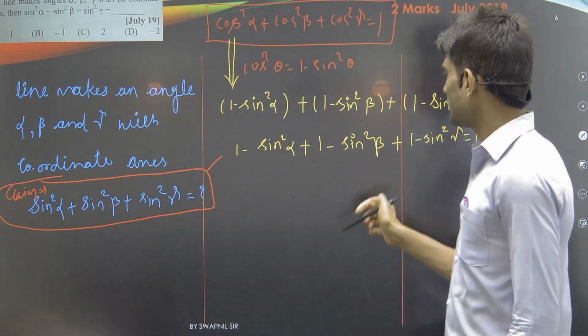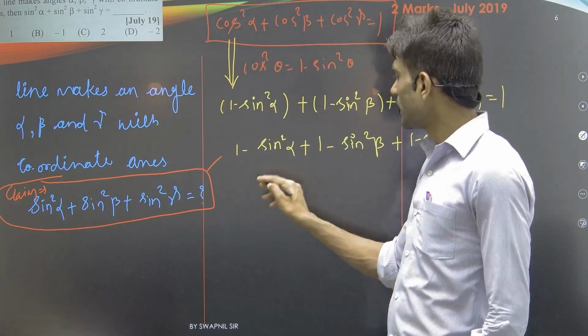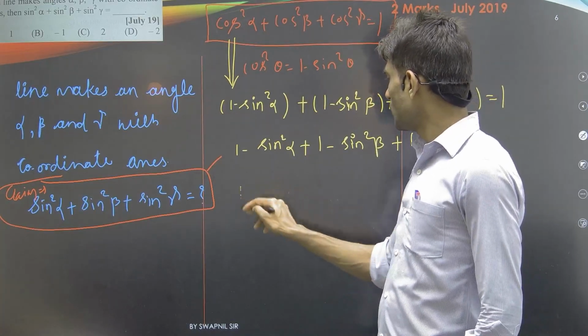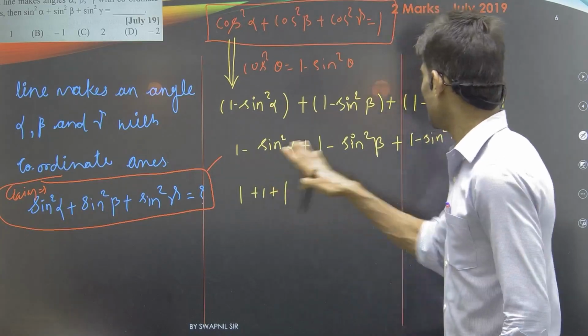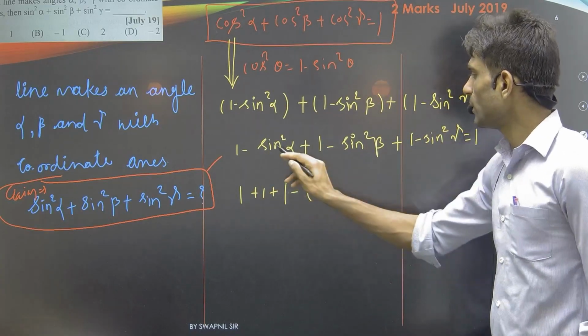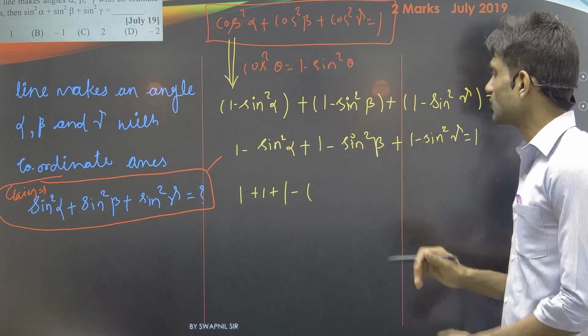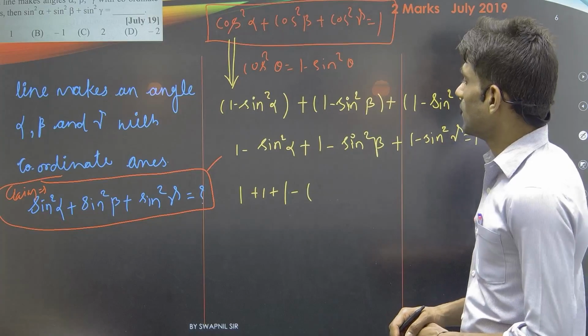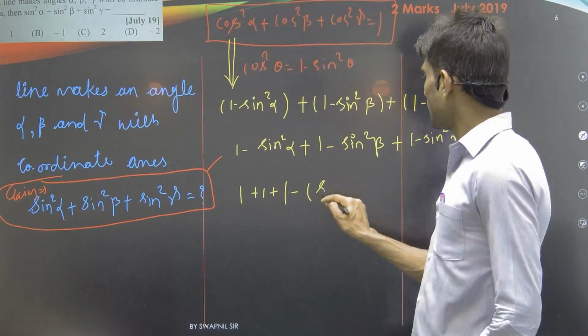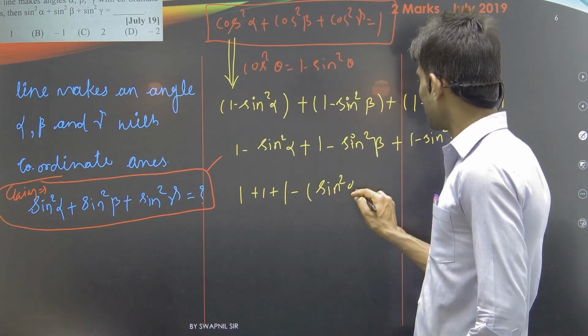Taking the constants together, 1 plus 1 plus 1 is 3, and the negative sign is common from sin square alpha, sin square beta, sin square gamma.